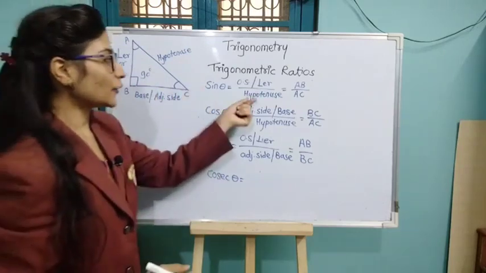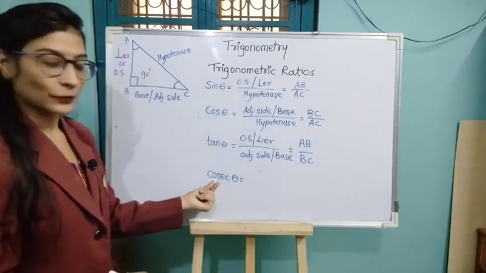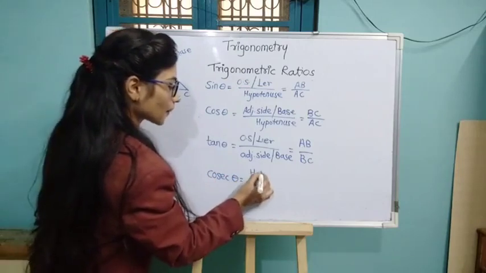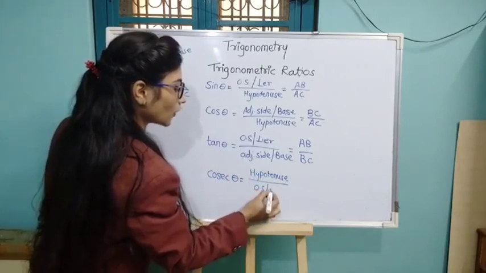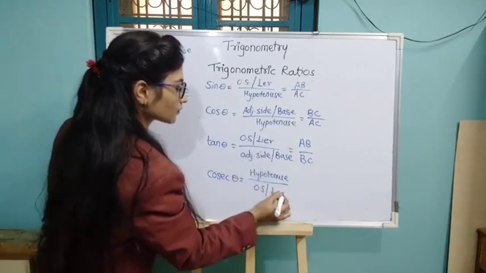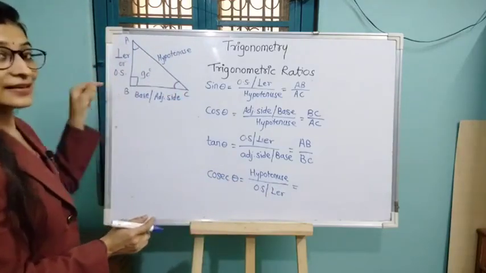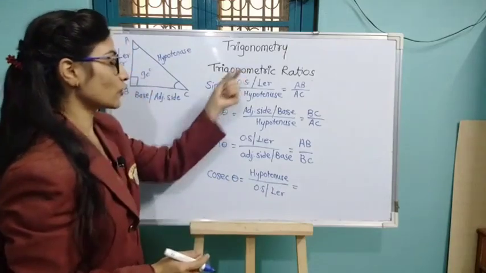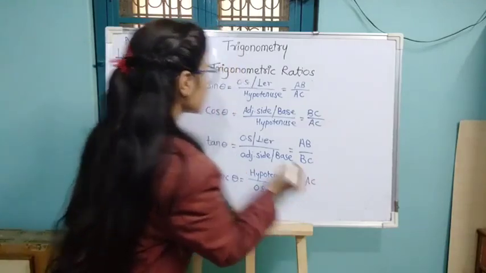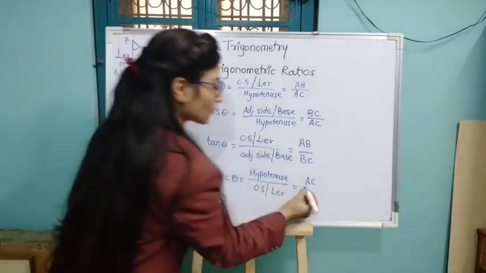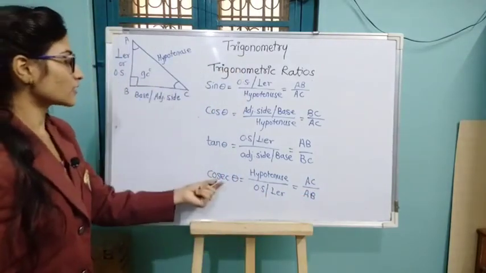If we take the hypotenuse and divide it by the opposite side or perpendicular, then we get this ratio, the cosec ratio. Here the hypotenuse is AC and the opposite side is AB. So if we divide AC by AB, we get cosec theta.